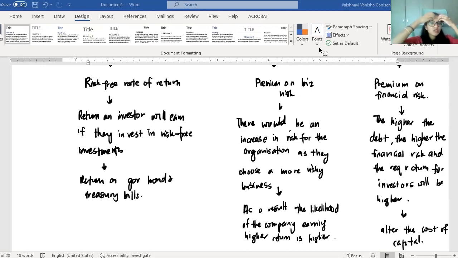Okay, so what is the reason that your cost of equity is higher than the cost of debt? You first need to understand the concept of debt and equity. I'm not sure whether you guys remember, but do you remember as part of chapter 12 when we were learning equity and debt finance, we had this discussion where we said cost of equity is so much more expensive than cost of debt. Then I asked you the reason, why is it that cost of equity is so much more expensive?